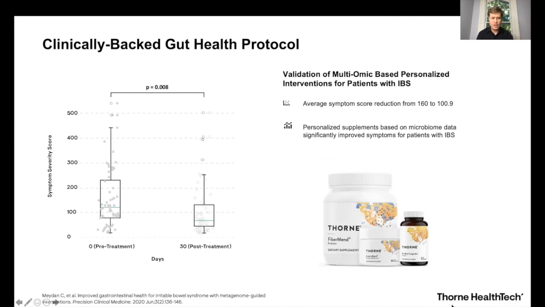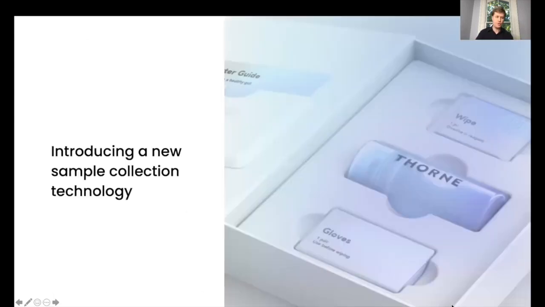In this case, a 30-day trial showed that personalized interventions were able to reduce symptom severity scores for individuals with IBS, irritable bowel syndrome. This was a highly personalized approach: there were 75 people in the trial and 68 unique combinations of recommendations used to achieve those results.